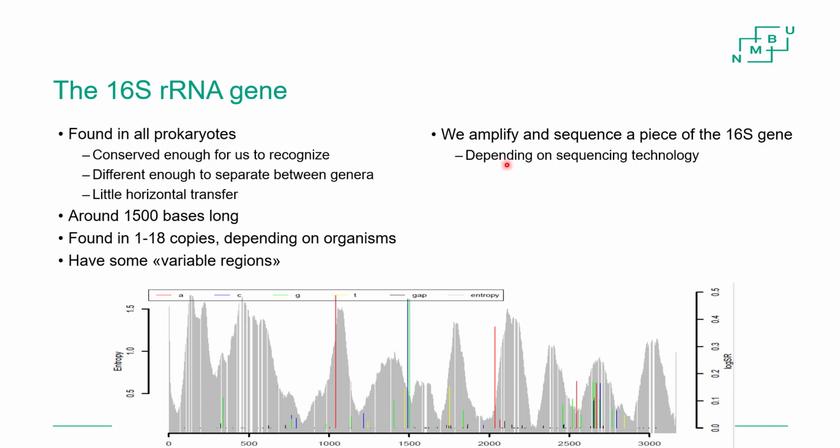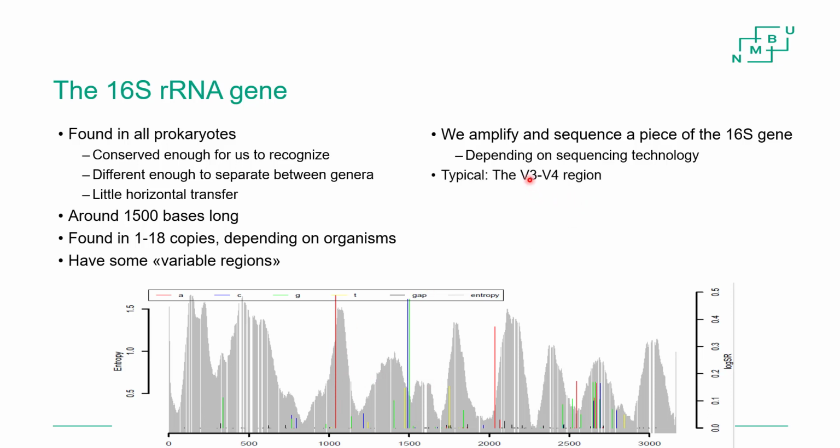And how small depends on the sequencing technology, really, because with the long read nanopore, for instance, you can actually sequence the whole. But with Illumina, since the reads are shorter, we want a shorter piece of the 16S so that we can actually see the whole sequence.